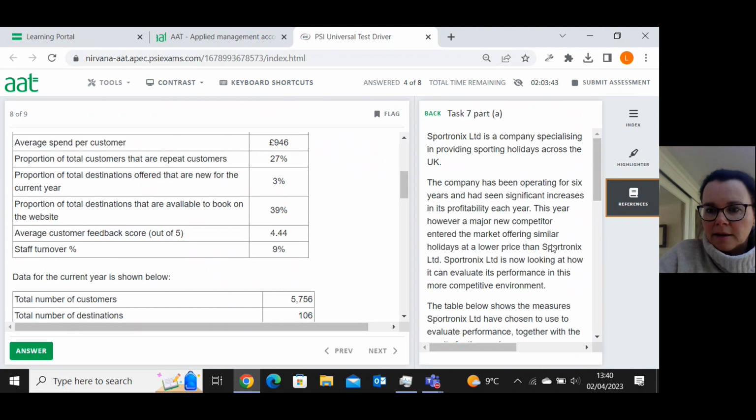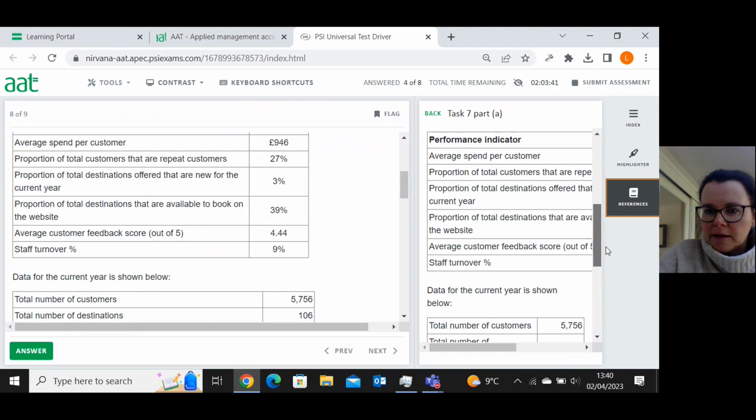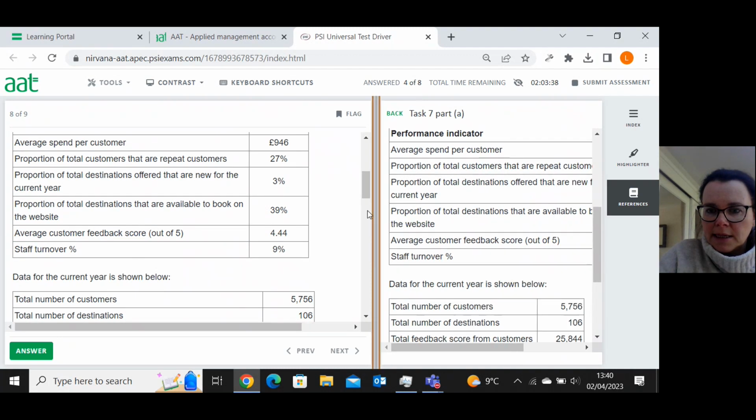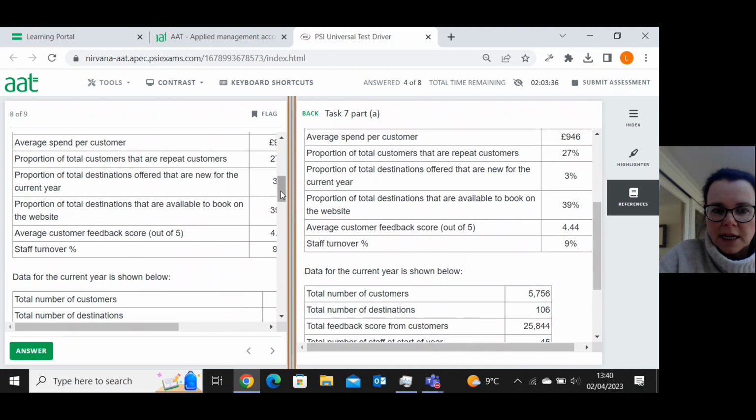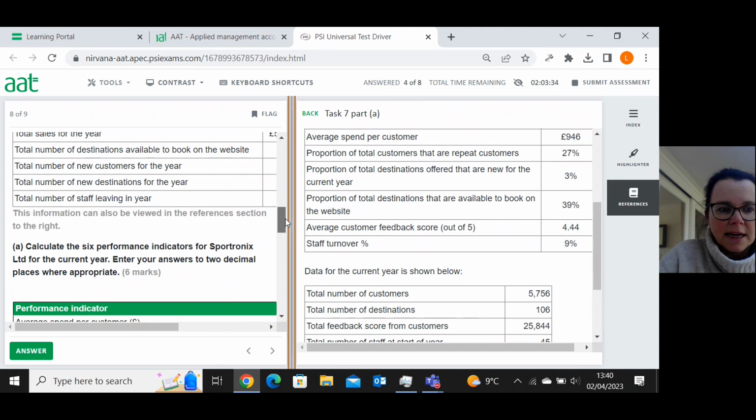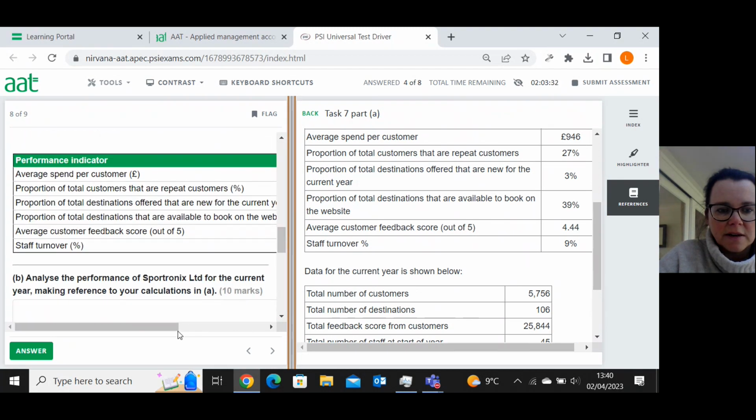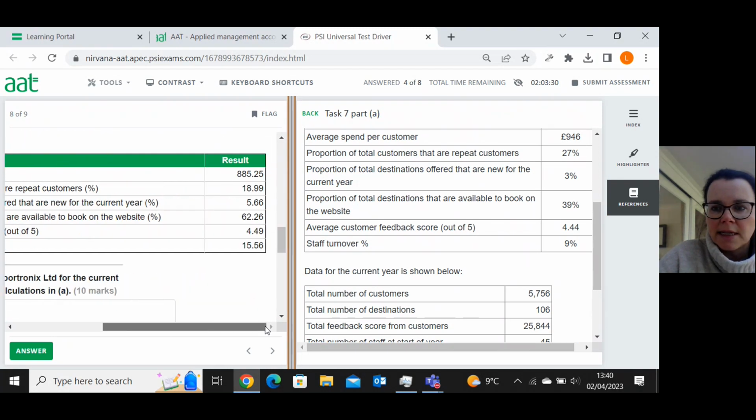Right, so let's get these indicators here. That was last year's, and I've just calculated this year's figures. Let's look at them side by side. Average spend per customer has fallen. Proportion of total customers who are repeat has fallen, it's got worse.